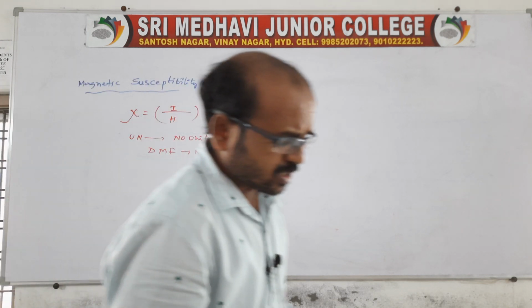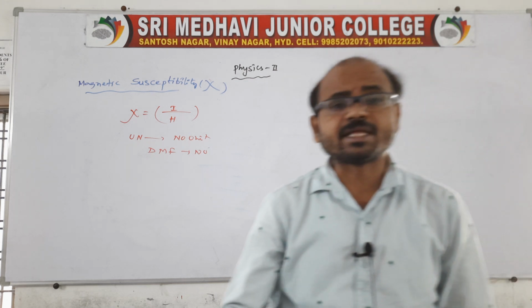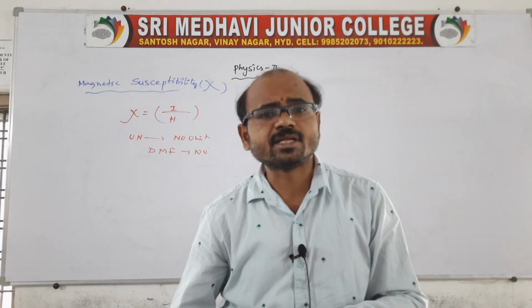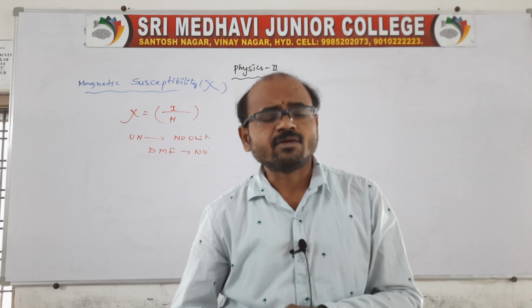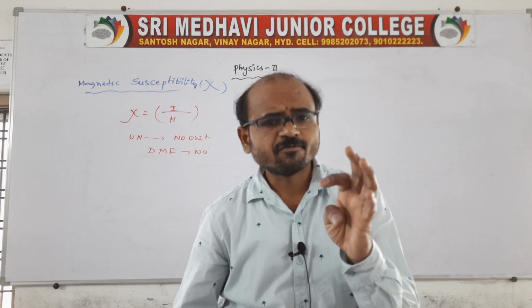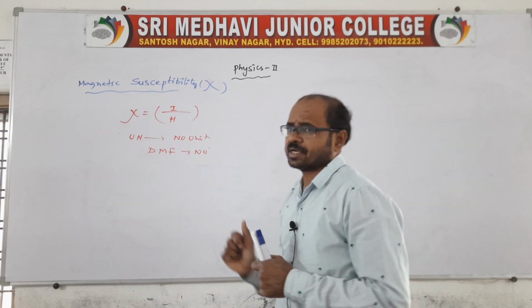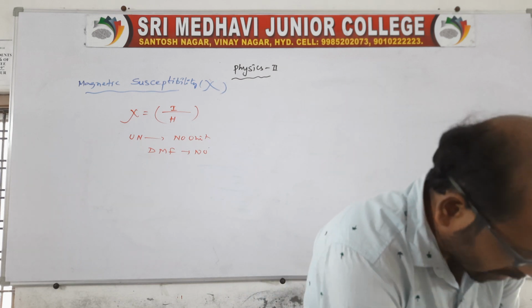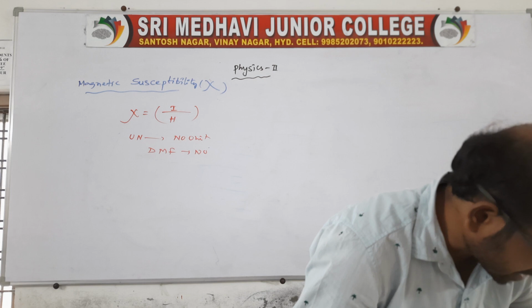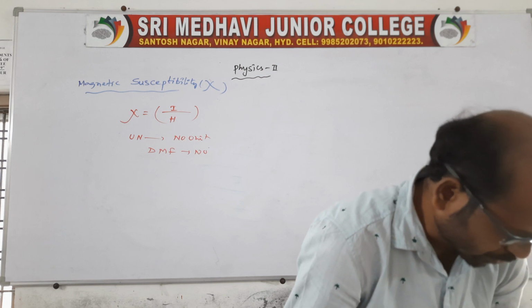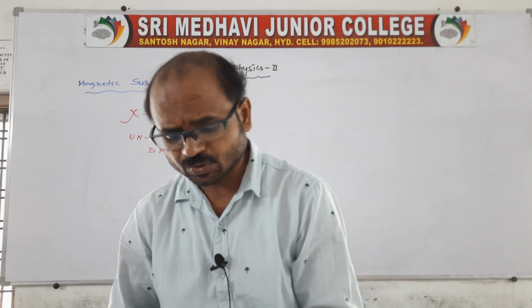Here we have paramagnetic materials, diamagnetic materials, and ferromagnetic materials. Related to this susceptibility, we should know all of these. There is one question in our material. Better you read that question.